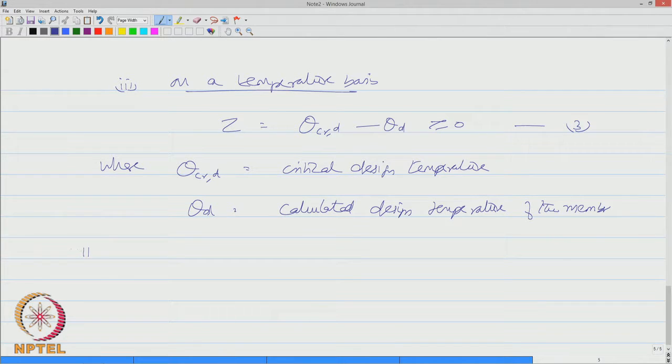The second criterion could be the insulation criterion, which is I class.